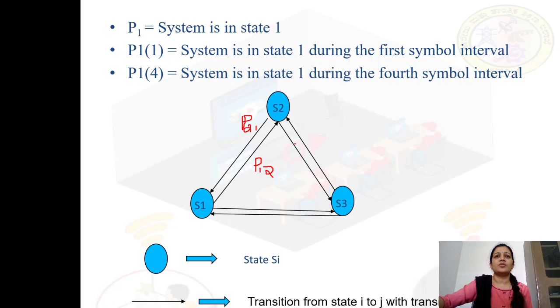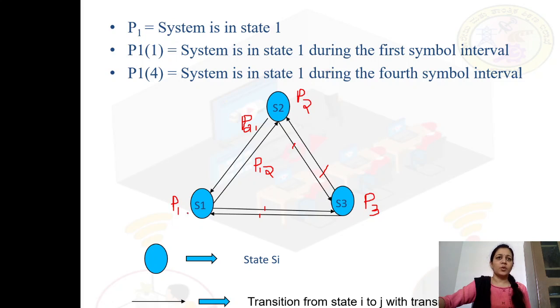Similarly, there will be associated probabilities for transitions from 2 to 3, 3 to 1, and from 1 to 3. Okay, and the probability that the source is in state 1 is represented as P1, the probability that it is in state 2 is represented as P2, and the probability that it is in state 3 is represented as P3.